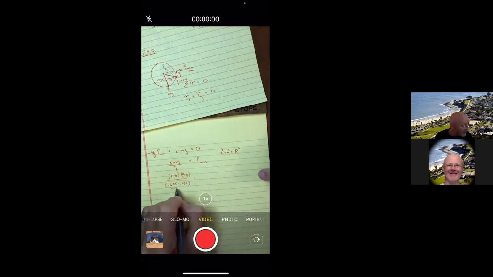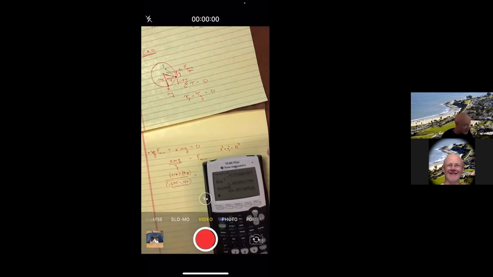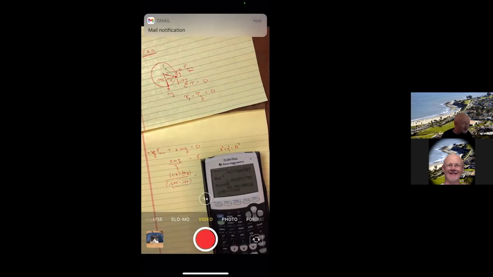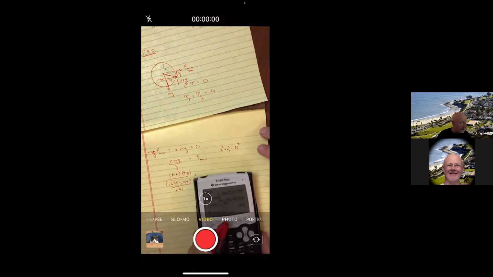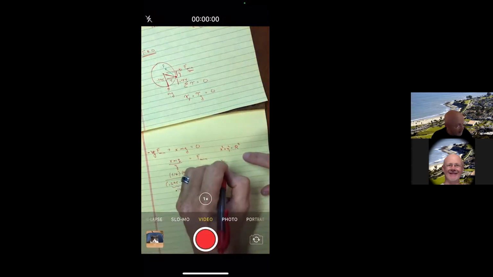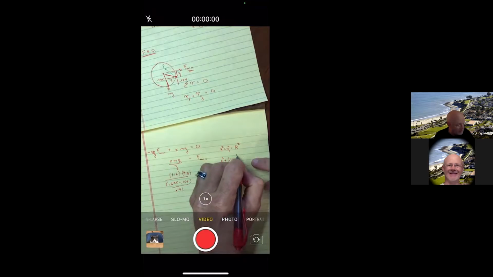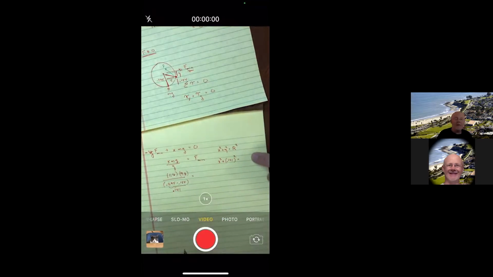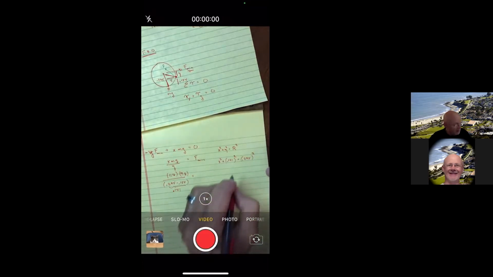Now, I haven't actually calculated the y, but maybe this would be a good time to do that. So 0.295 minus 0.154 gives me 0.141. So that's the y. And that can be useful here because remember, then x squared plus the y squared, 0.141 squared, and then here's the r squared, 0.295 squared.